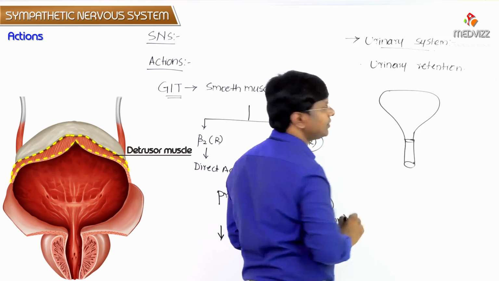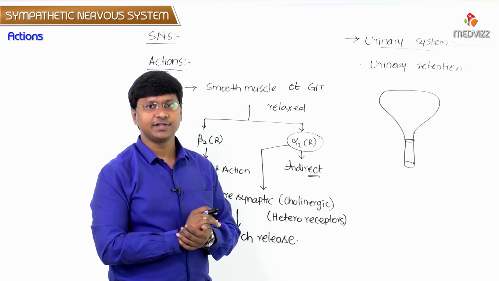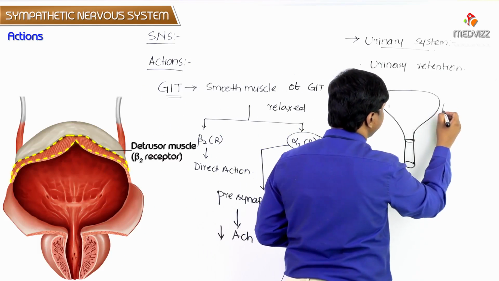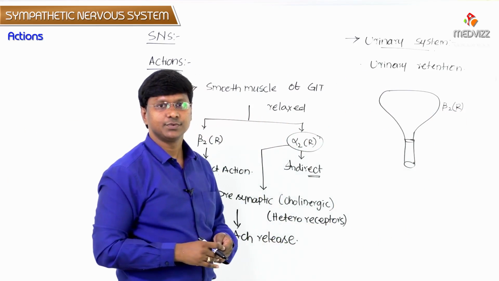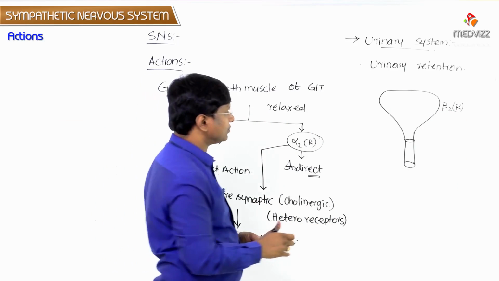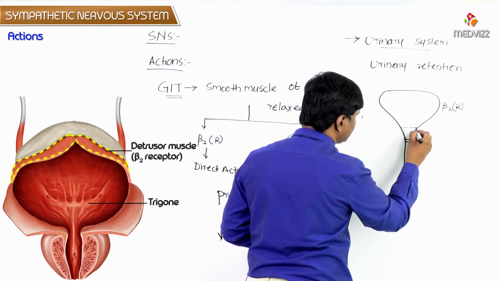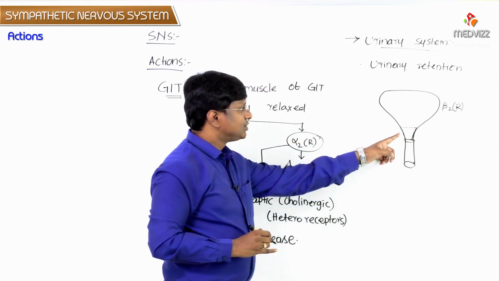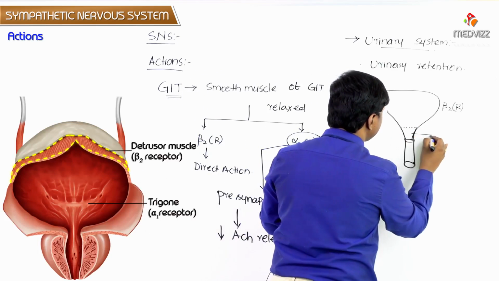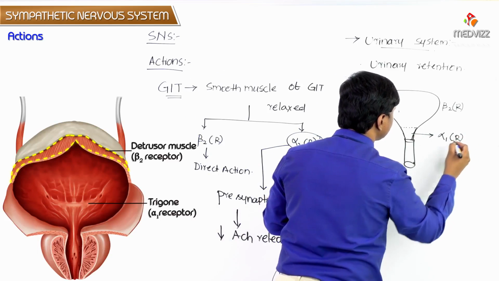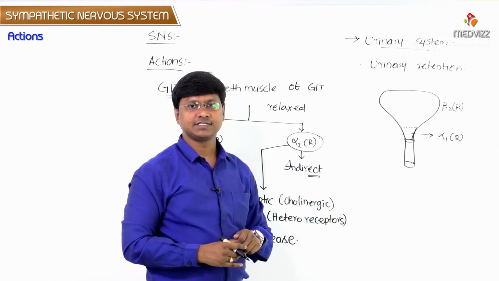Within the detrusor muscle of the urinary bladder, you have the beta 2 receptors, whereas in the trigone of the bladder, the receptors you have are the alpha 1 receptors. In the trigone of the bladder, that is within the sphincter, you have alpha 1 receptors.